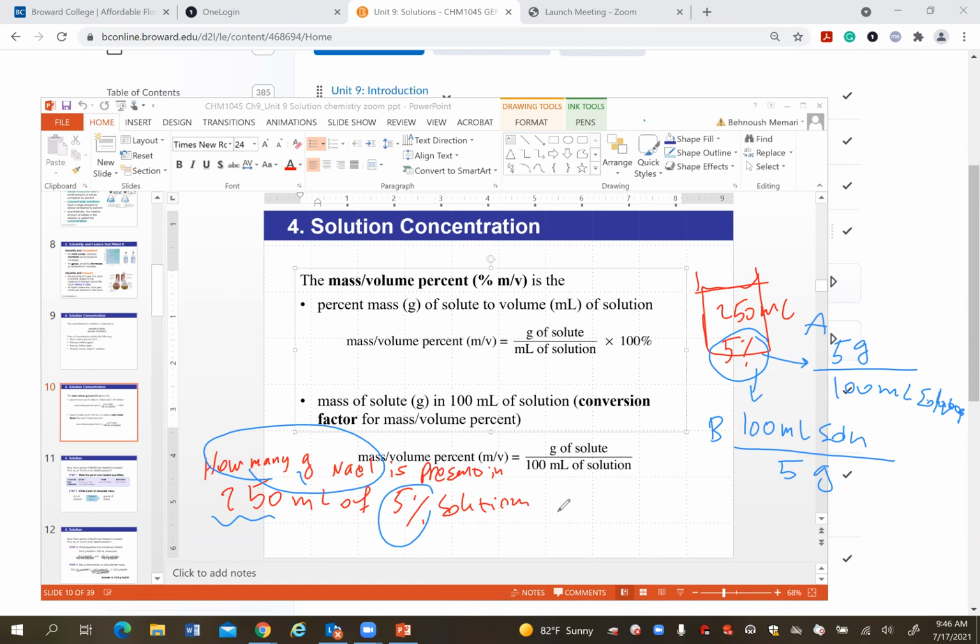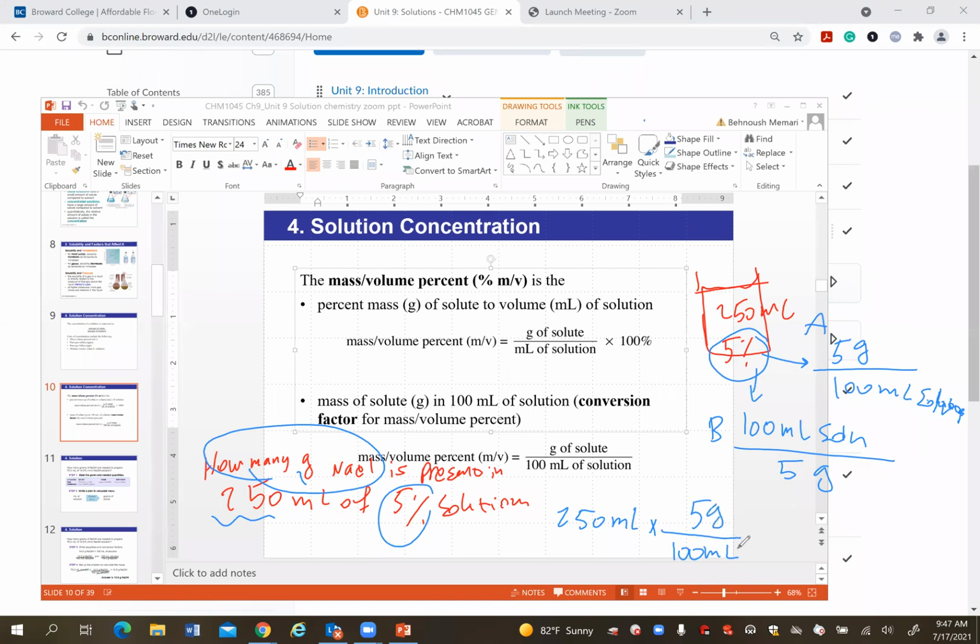So I can start with the 250 milliliter and multiply by one of these conversion factors. Which one should I use, A or B? A, because I want to cancel the milliliter. So 100 milliliter, 5 grams.